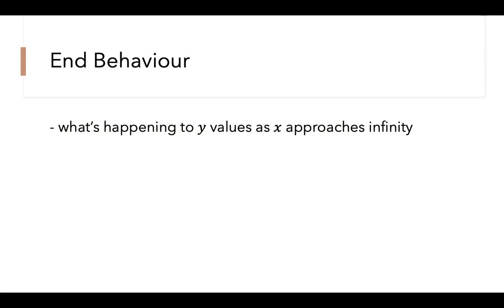And end behavior. So we need to know what's happening to the y values as x approaches infinity or negative infinity. When the question says write the end behavior, you say as x approaches negative infinity, y approaches, and you could say infinity, 0, doesn't matter. Let's say infinity.